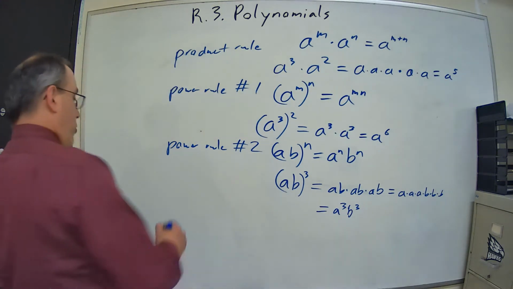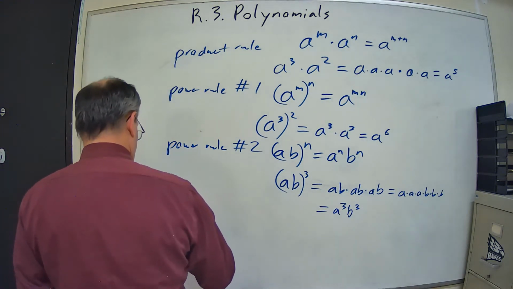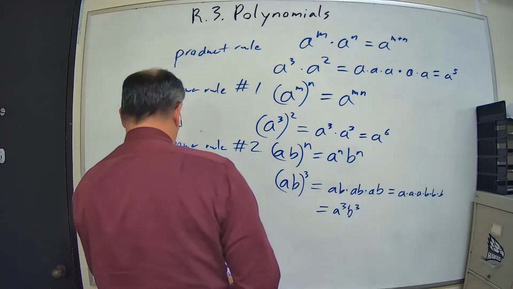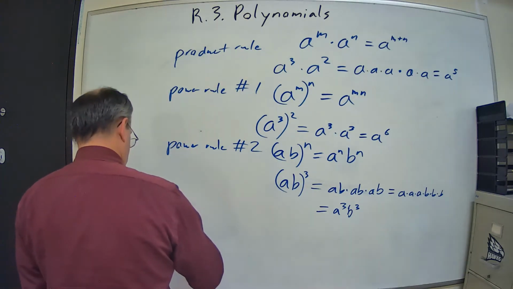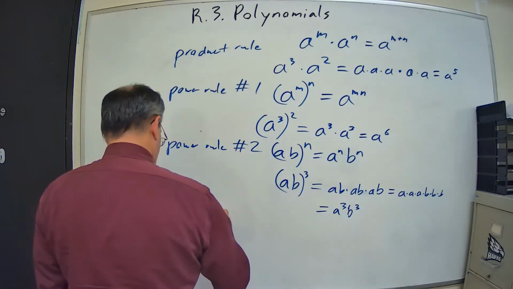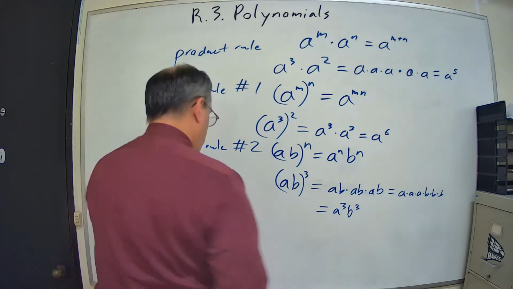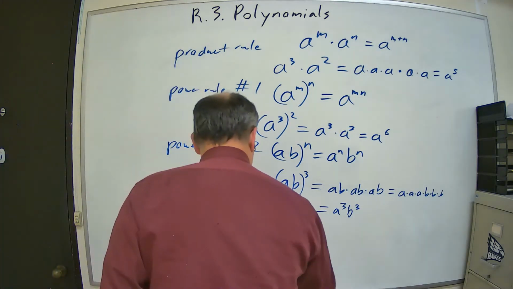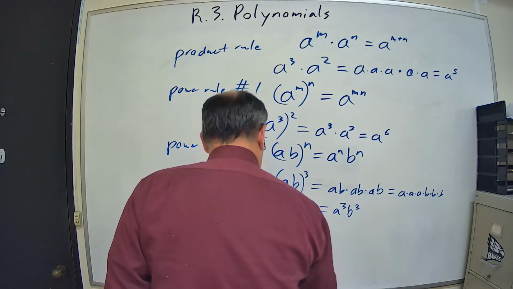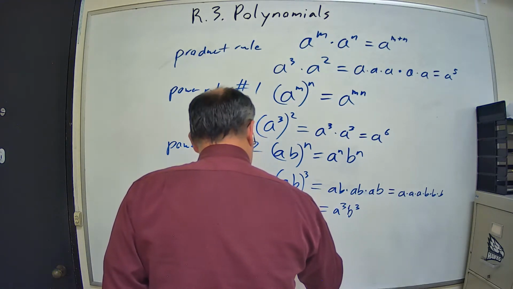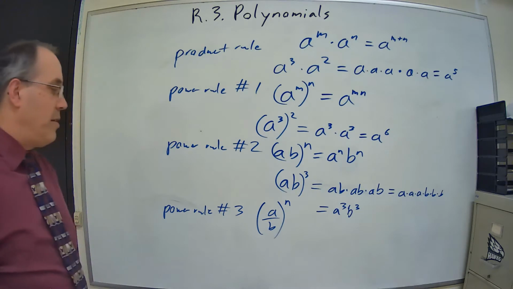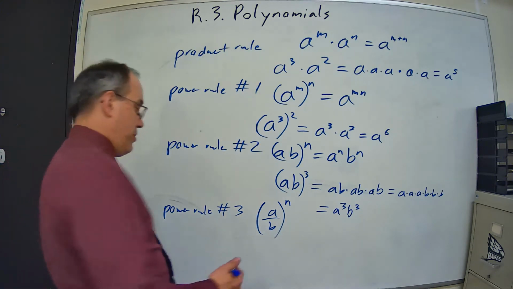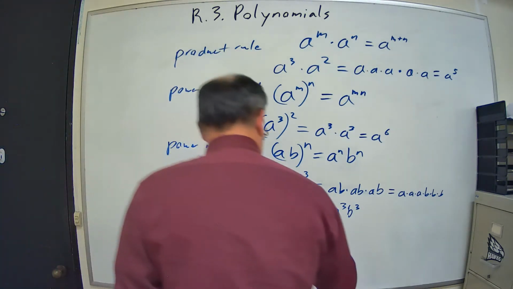Now the third power rule is the same idea, but it's division. If you have a over b to the n, that is equal to a to the n over b to the n.